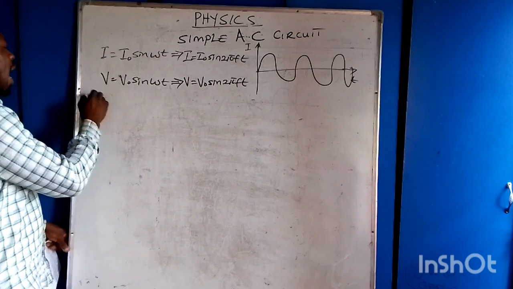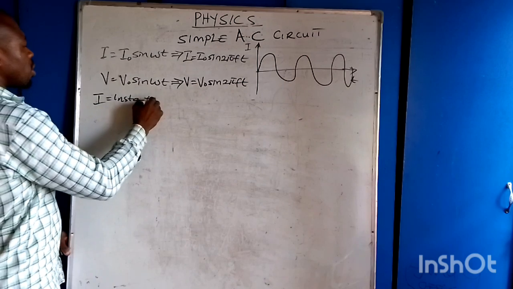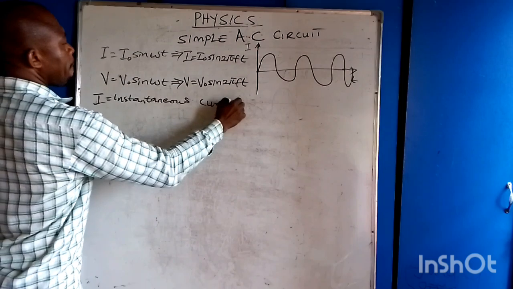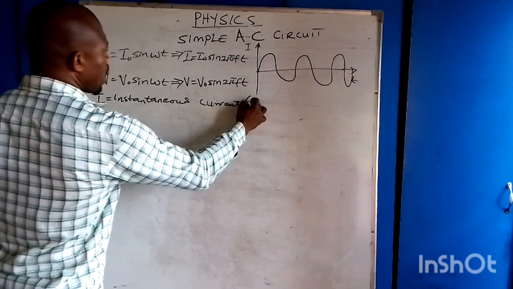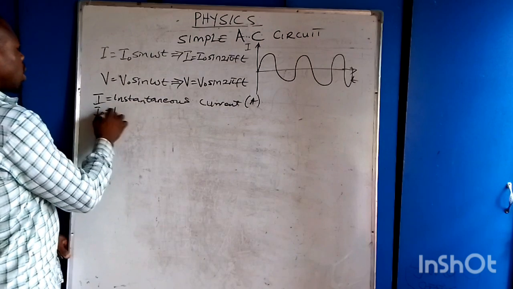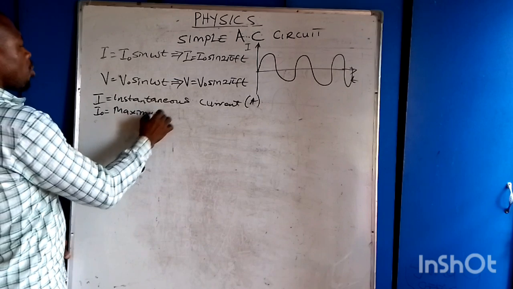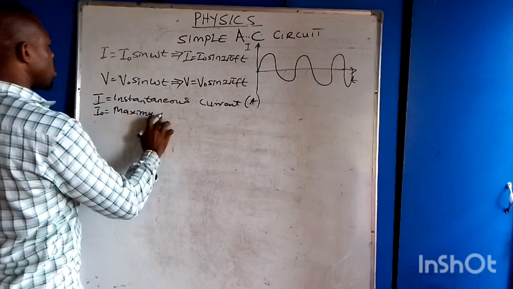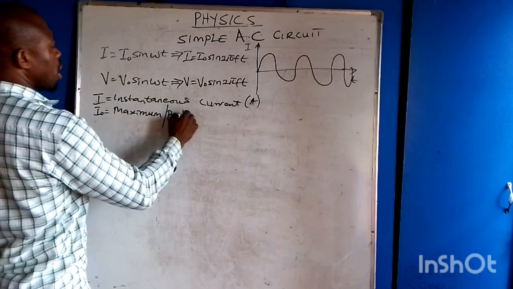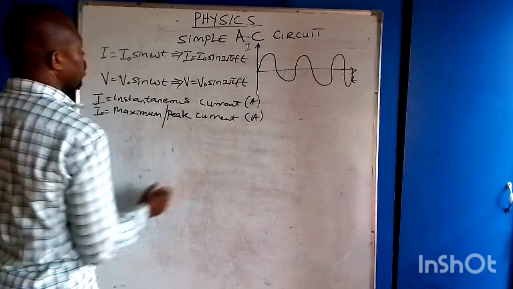Now we can say that I is the instantaneous current measured in ampere. I naught is the maximum or peak current measured in ampere.